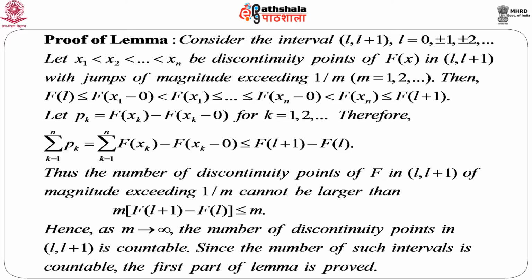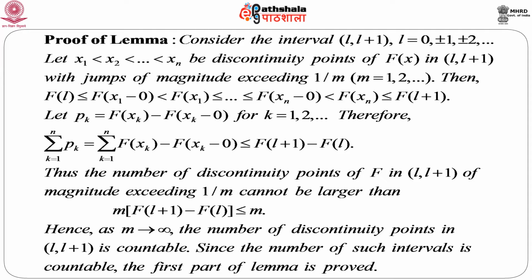Thus, the number of discontinuity points of f within this interval L to L plus 1, for a fixed L, of magnitude exceeding 1/m cannot be larger than m times f of L plus 1 minus f of L, which is less than or equal to m. Now, m is defined for any positive integer.